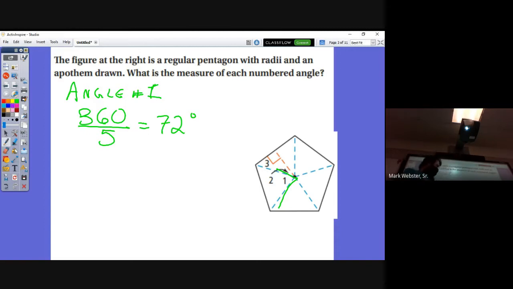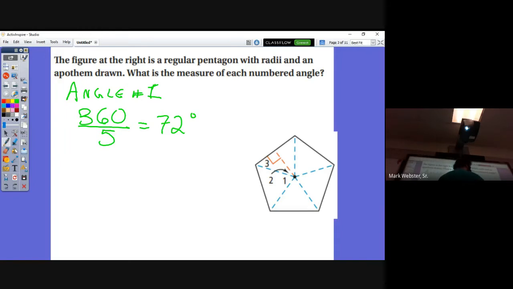So now what about angle 2 here and angle 3 here? Angle 2 can maybe be a little bit hard to see now that I have all this stuff in the way. What we're talking about with angle 2 here is the angle up at the vertex, right?